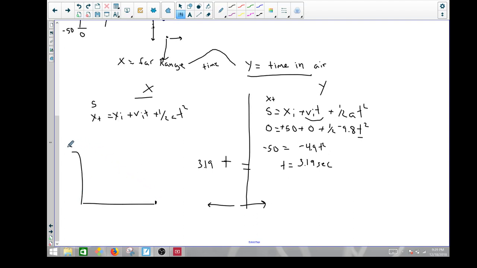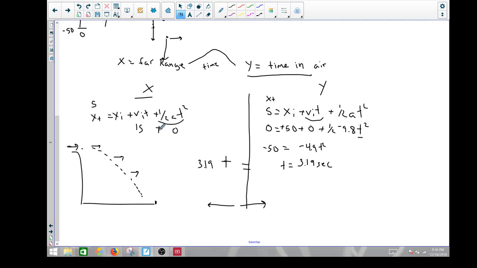Well, the harder I throw this thing off the cliff, the farther it's going to travel. As I mentioned, the x component controls how far out you're going. I am traveling at 15 meters per second, and I will always be traveling at 15 meters per second, and there'll be no acceleration in the x component. So this term is going to be 0.